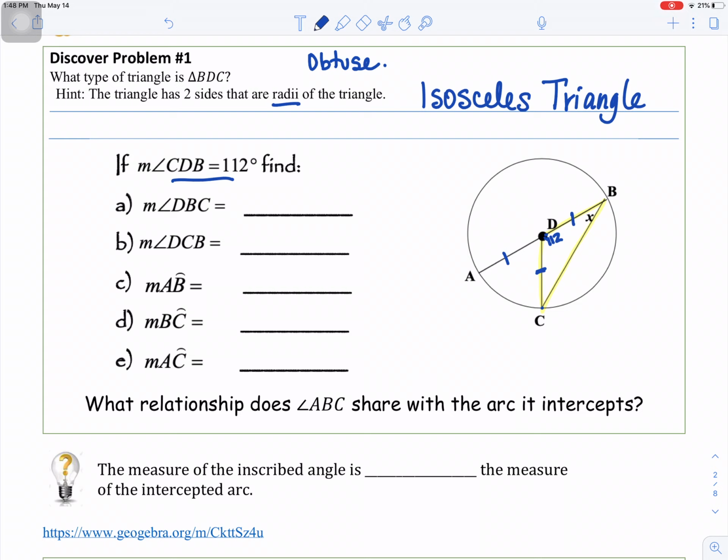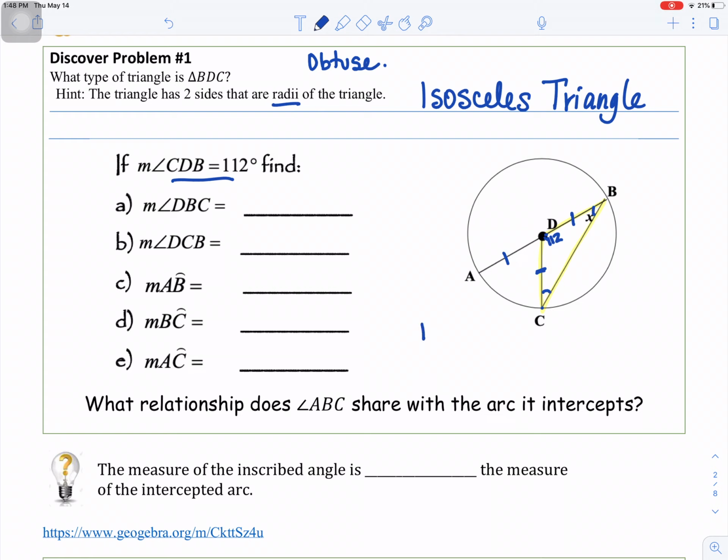Okay, if we know that angle CDB is 112, could we find the measure of angle DBC where the X is? Well, yes, not even looking at the circle arcs or anything, ignoring all of that, we could say with an isosceles triangle, the base angles have to be congruent.